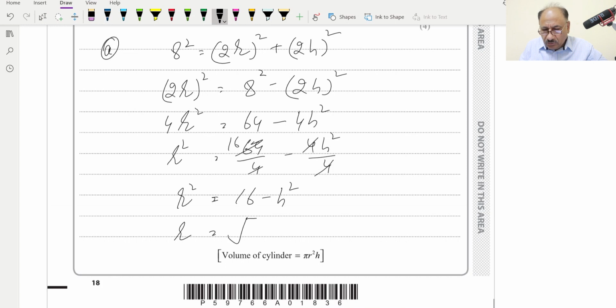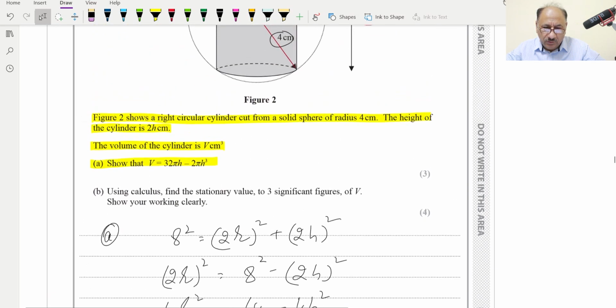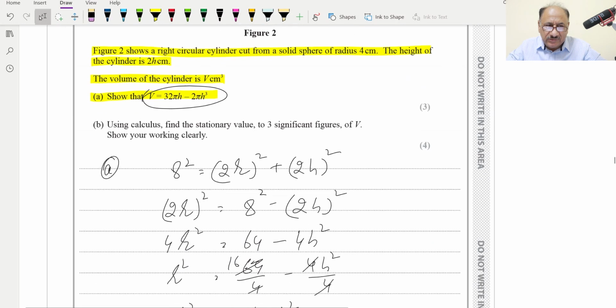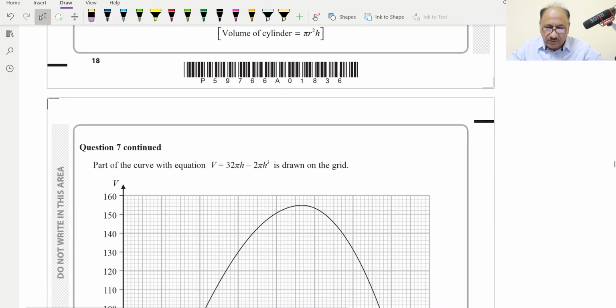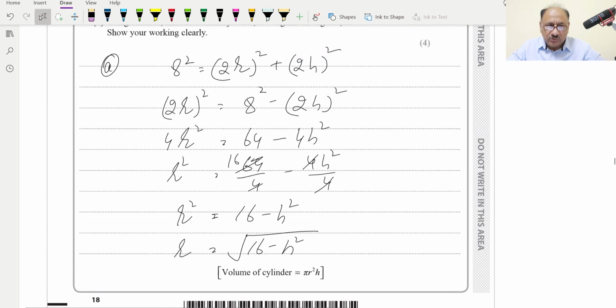So this implies r is equal to under root of 16 minus h squared. We are taking only the positive value because radius cannot be negative. So this is the r value which we found, and the volume we know. We have to prove for the volume. So volume we know is equal to pi r squared h. So basically we will solve over here. We can use this space.